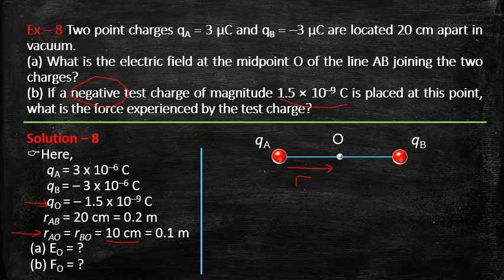This is the direction of electric field at O due to A. Now B is a negative charge, so field lines go towards the negative charge, and hence this is the direction of electric field at O due to B. Now if I am asked to add the two, because both EOA and EOB are in the same direction, we can simply add the two.